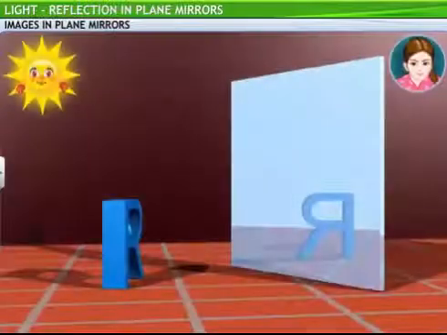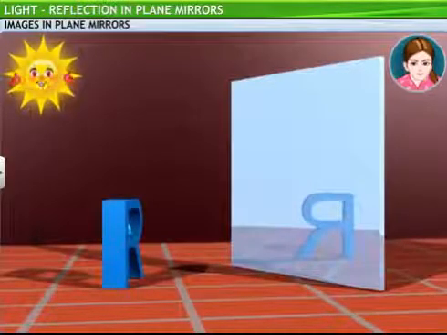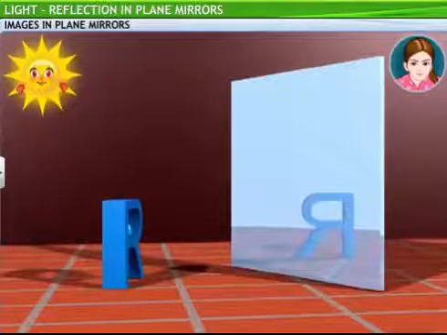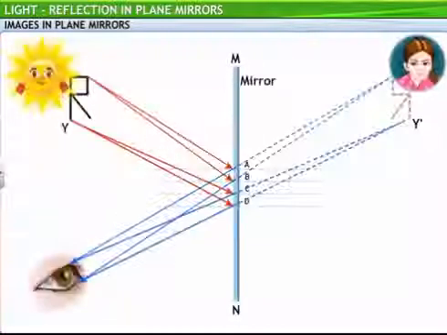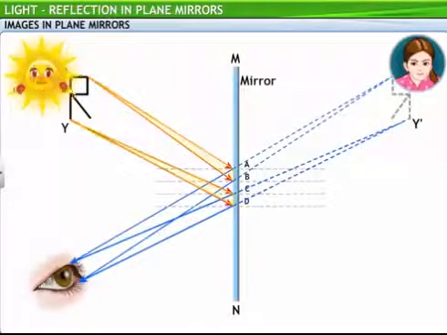Yes. It takes a large number of light rays to form a reflection of an object. So, as you can see, rays from all points on an object are incident on the mirror and reflected in different directions. That is, the reflected rays are divergent.